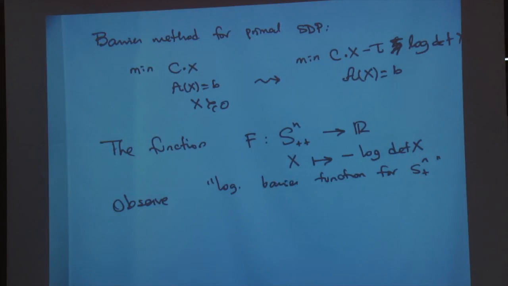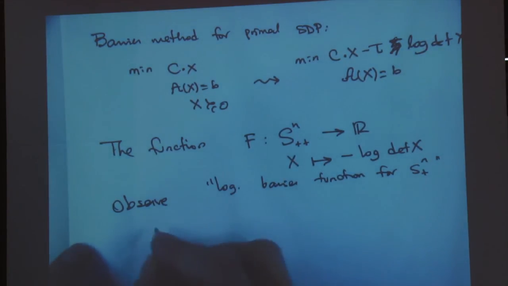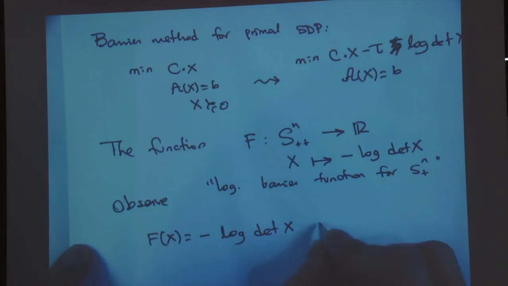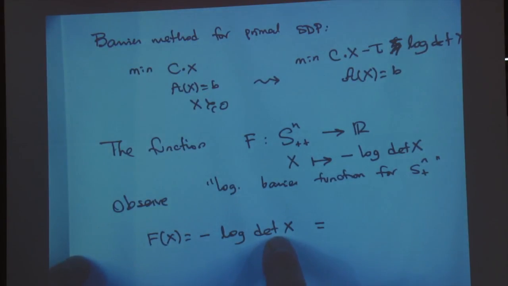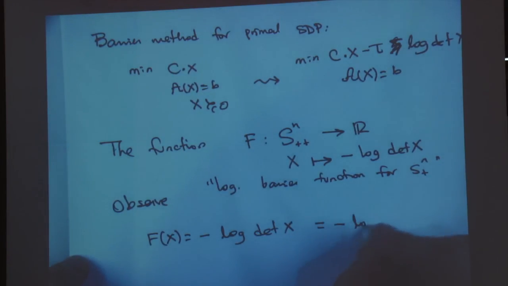So observe the following little neat fact. F of x, that is negative of log of determinant of x. The determinant of x is the product of the eigenvalues of x. So this is negative log of the product of the eigenvalues of x.